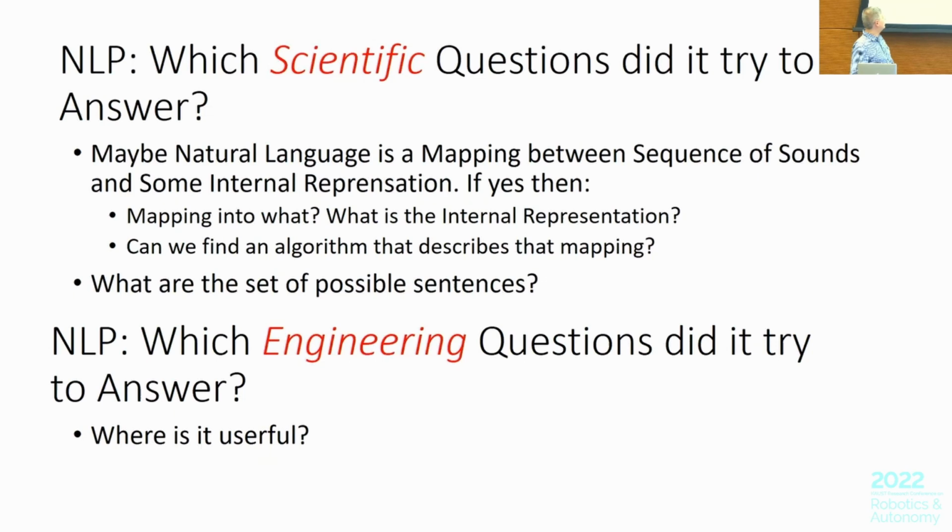And then how do you do that mapping? Is there an algorithm that you can describe that does it? And then the secondary question, which is a bit simplified, is: maybe if you cannot describe the mapping, you can just have a model that describes what is the correct sentence and what is not. And then from an engineering standpoint, NLP tries to answer that question. Where is it useful, basically?